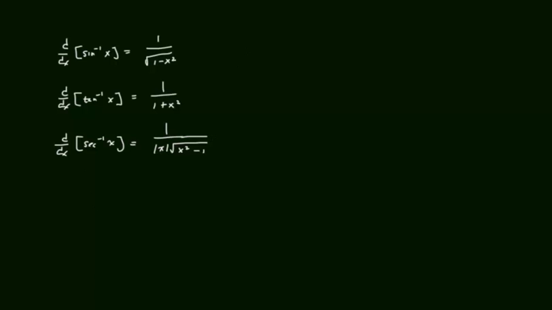We have some properties here that the inverse cosine of x is simply a translation, pi over 2 minus the inverse sine of x. The same is true that the inverse cotangent is pi over 2 minus the inverse tangent. And finally, the inverse cosecant is pi over 2 minus the inverse secant.